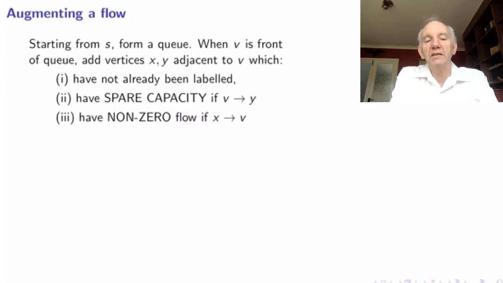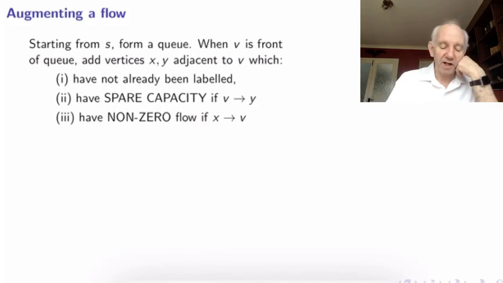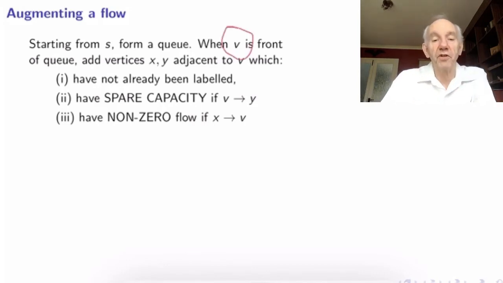So suppose we're at such a vertex, which means really it's come to the front of the queue. We call it here V. Suppose we have such a vertex and we use it to scan other vertices. So V is the current vertex, in the jargon. It's come to the front of the queue and we want to use it to scan other vertices.